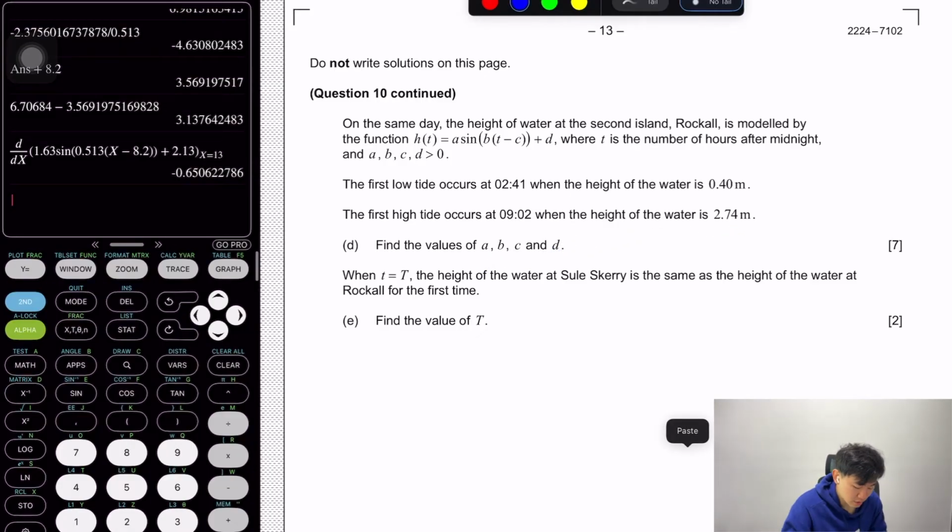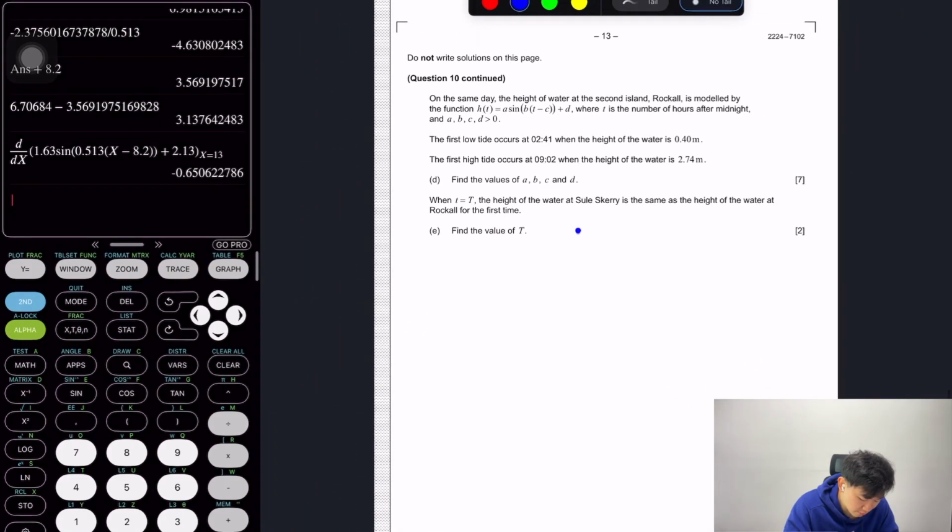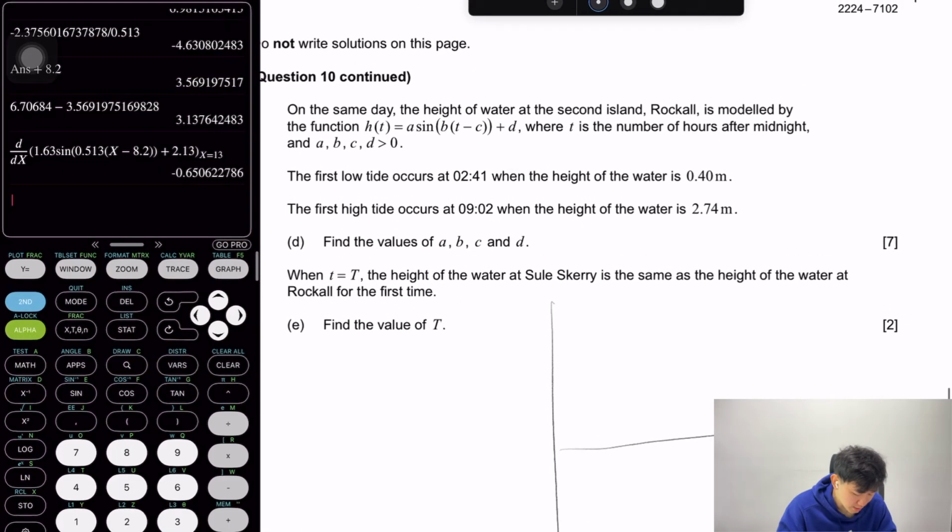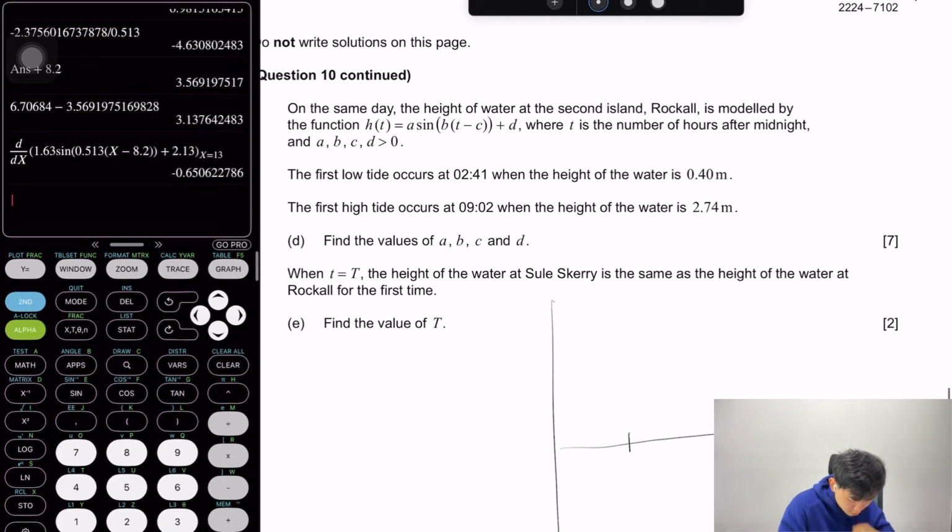Okay. So we have to first sketch out how the graph looks like. The first low tide is at 241, right? We are later going to change it to a decimal of like 2 point something hours, instead of 241. And that one happens at the low tide, which is 0.4.